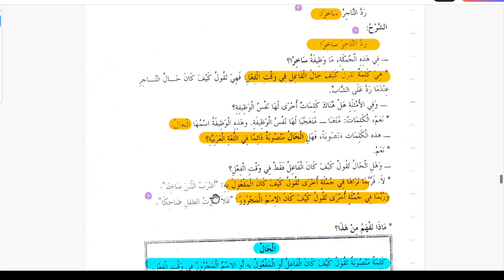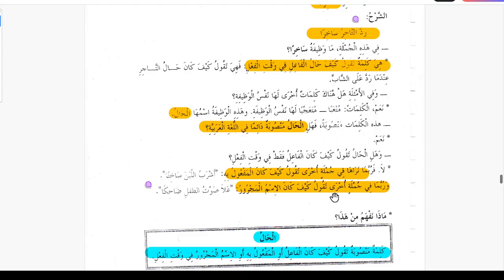Like if we take this example: ashrabu al-labana sakhinan, I drink milk hot. Al-laban is the maf'ul bihi, and sakhinan tells you in what state the milk is when I drink. So sakhinan tells you the state of the maf'ul bihi, which is laban. So it is not always for the fa'il.